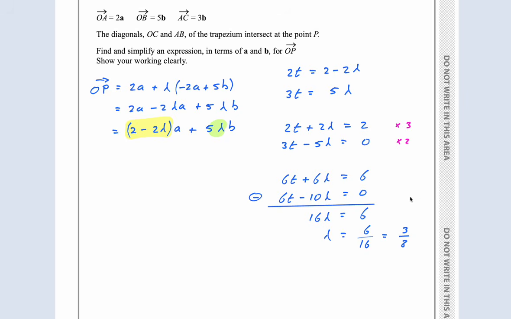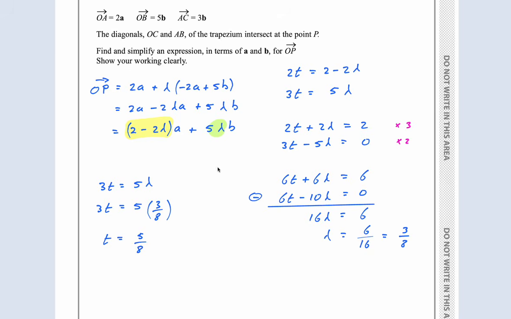So lambda is 3 over 8, which means t, 3t equals 5 lambda, but lambda is 3 over 8, so 3t equals 5 times 3 over 8. Divide both sides by 3, t equals 5 over 8.